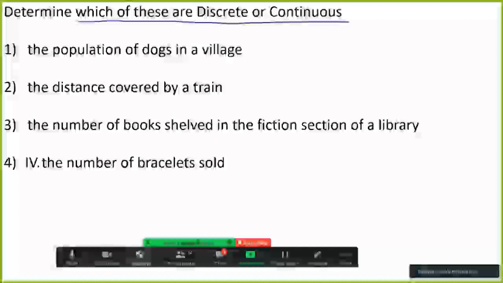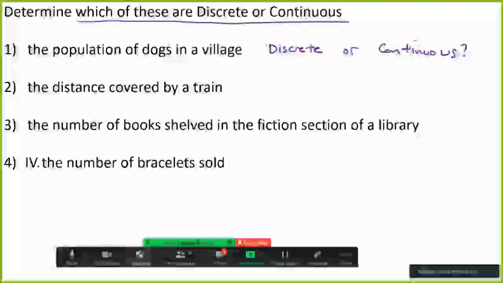So, the population of dogs in a village, would this be discrete or continuous? Can you have portions of dogs in a village or only whole numbers of dogs in a village?